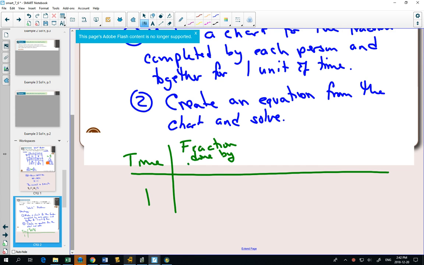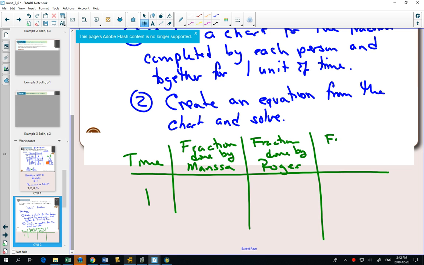The fraction done by one person, in this case, doesn't matter who first, fraction done by Marissa, fraction done by Roger, and fraction completed, I'll just write together.